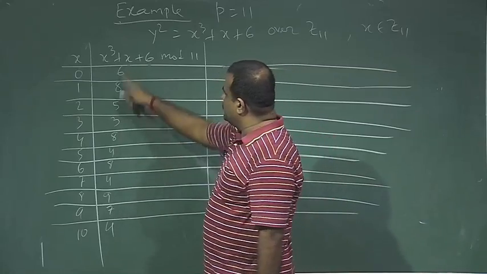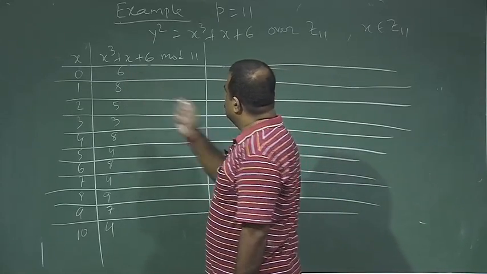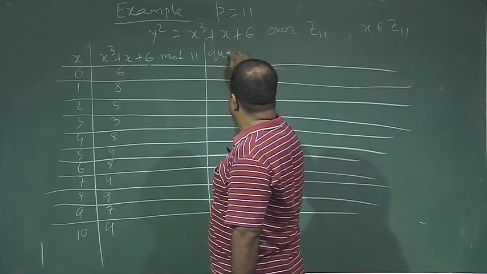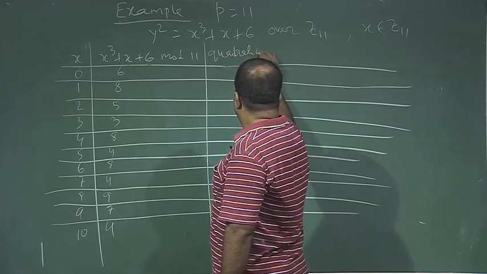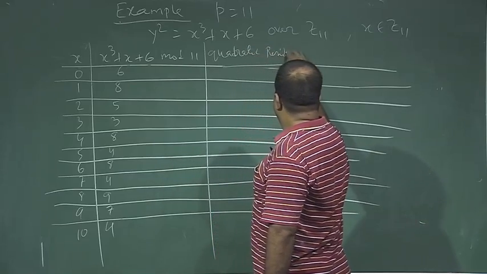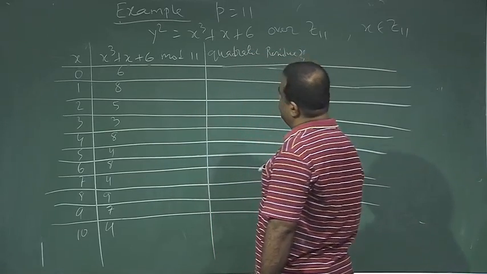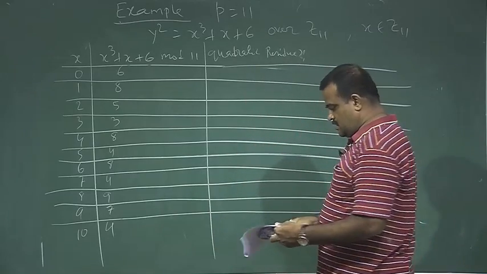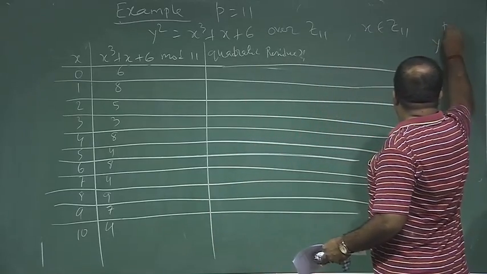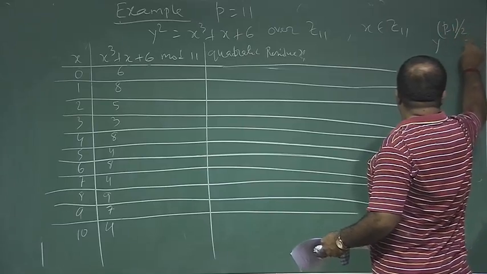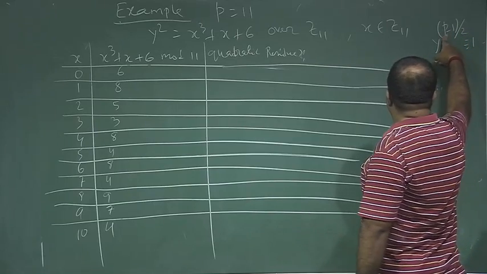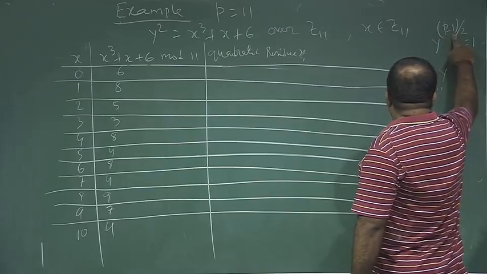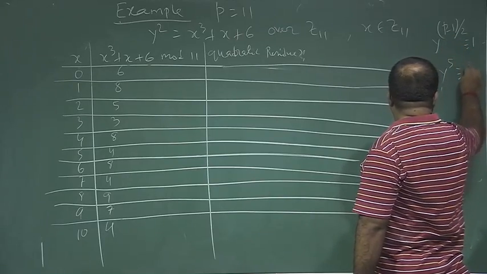Now, we need to check whether each of these is a quadratic residue or not. To check that, we need to apply the Euler criterion. That means we need to check whether y to the power (p minus 1) by 2 is congruent to 1 mod p or not. Here p is equal to 11, so y to the power 5 is congruent to 1 mod p or not.